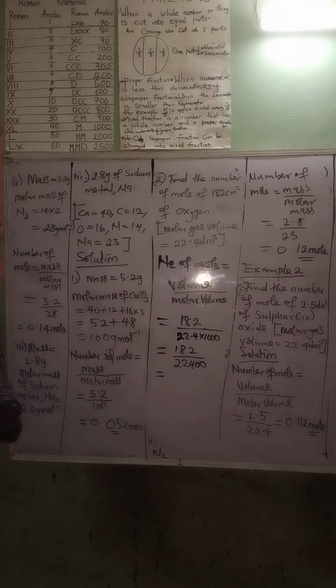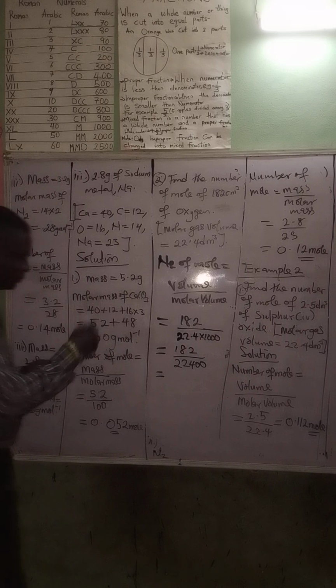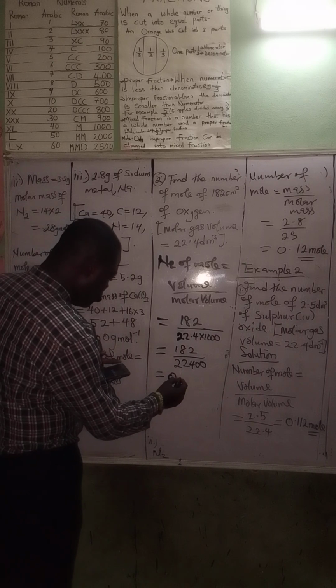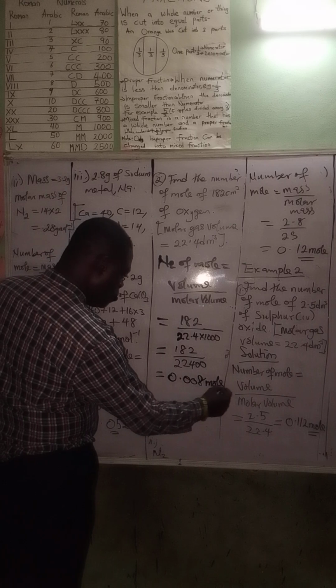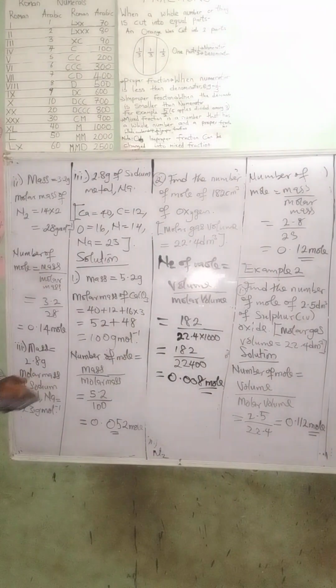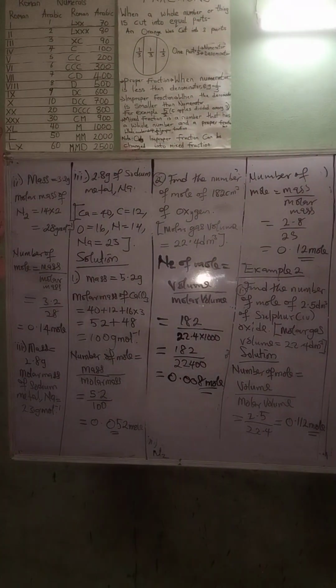That gives us 182 divided by 22400. So we have 0.008 mole. That's what you have there.